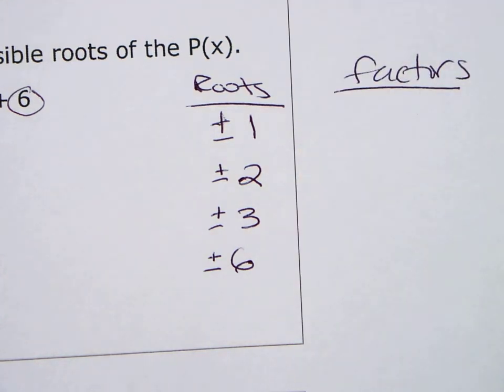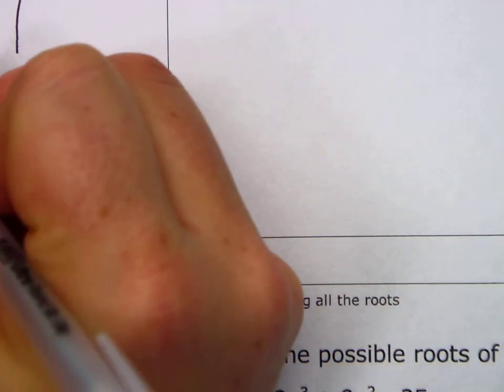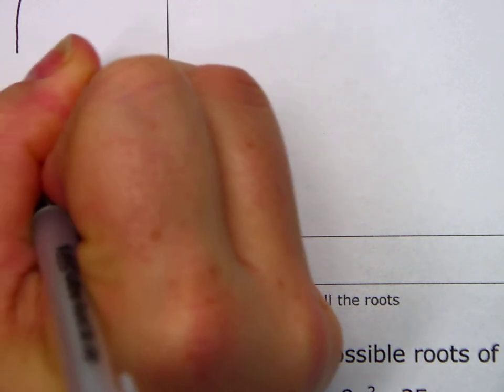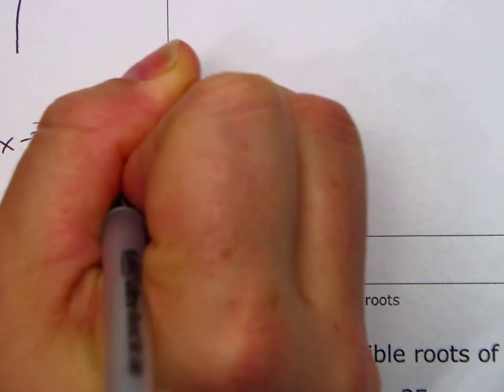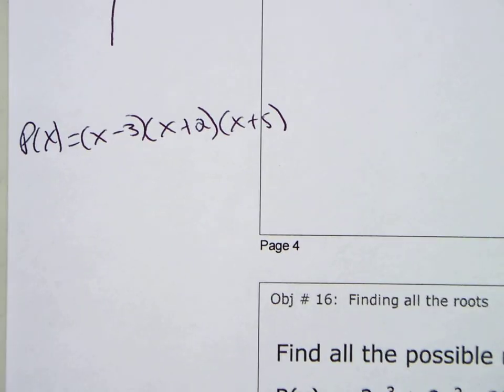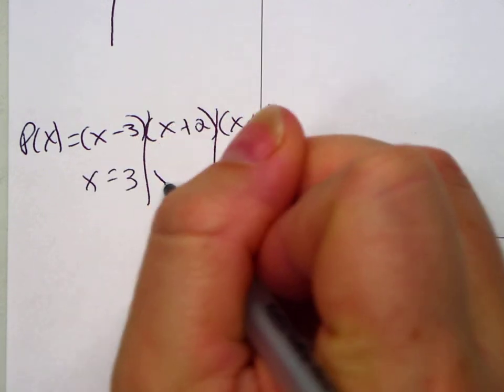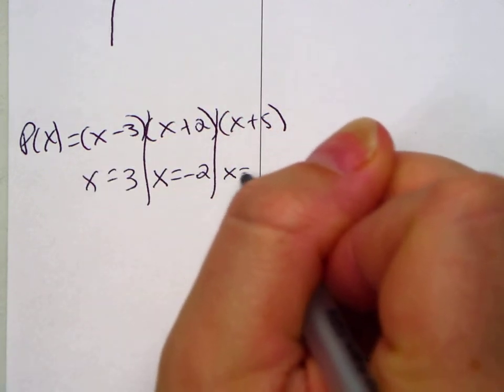Well, remember, let me show you an example. If I gave you p of x equals x minus 3, x plus 2, x plus 5, and that's the polynomial factored, what are the roots? Don't you just switch the sign? x equals 3, x equals negative 2, x equals negative 5.